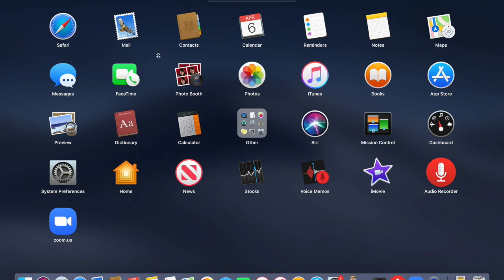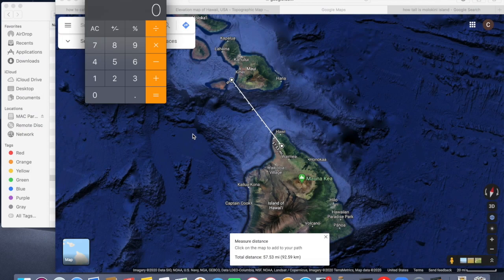57 miles, let's calculate that. 57 times 57, squaring that number, 3,249 times 0.66666666, which is 2/3 of a foot.